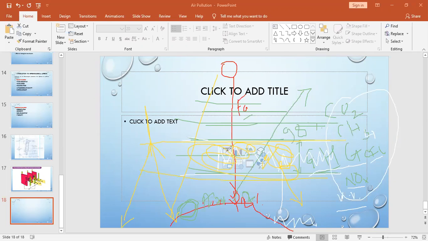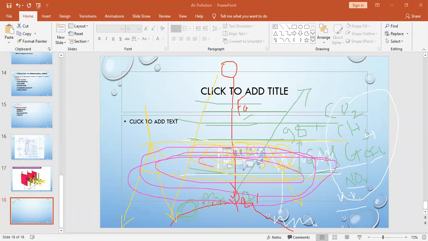Because of that, these particles absorb this heat, or reflect the remaining amount of energy back to the earth's surface. And in turn, what happens? The entire space over here gets heated and the temperature increases, and that phenomenon is known as global warming.